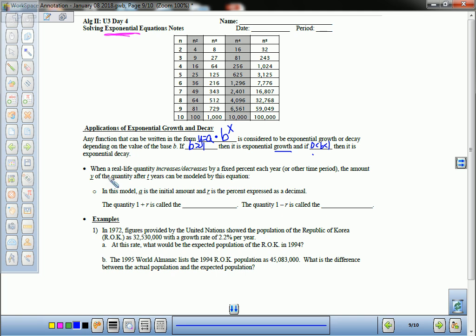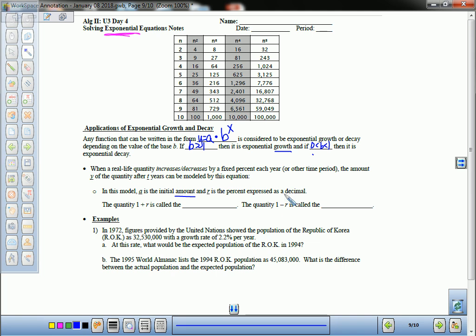Now, when we have a real live quantity, and this is kind of important, that increases by a fixed percent, the amount of the quantity after t years can be modeled by this equation. A represents that initial amount, and r is our percent.